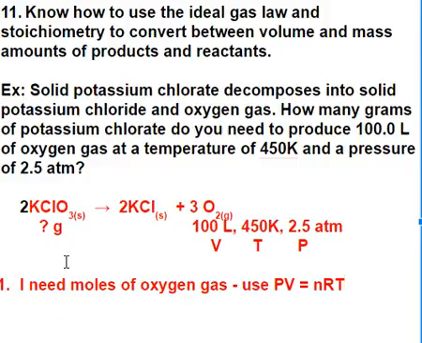So P is 2.5 atmospheres. The V is the 100 liters. n's what I want. R value, 0.0821 because it's atmospheres. And then T, it's already in Kelvin, so don't goof that up.